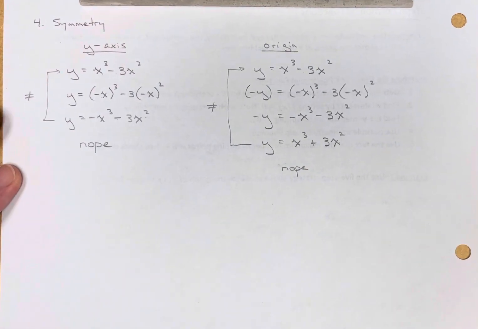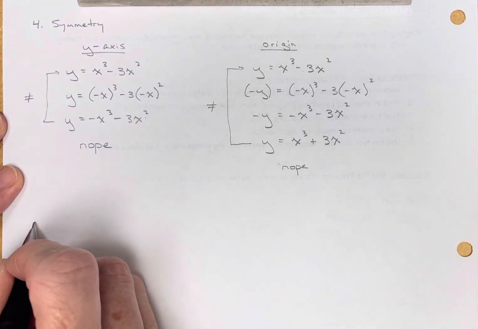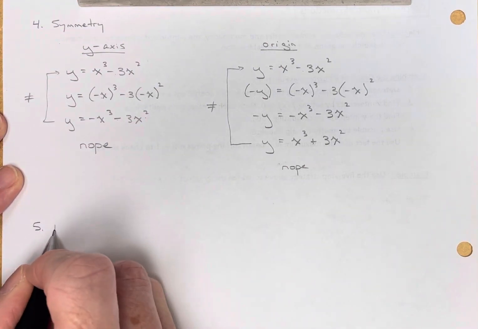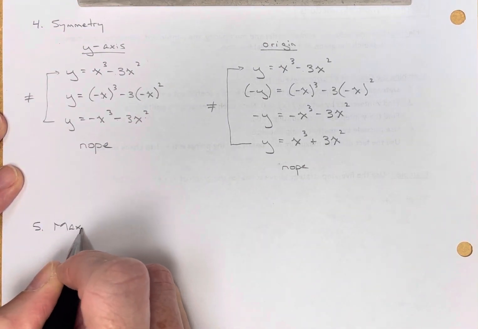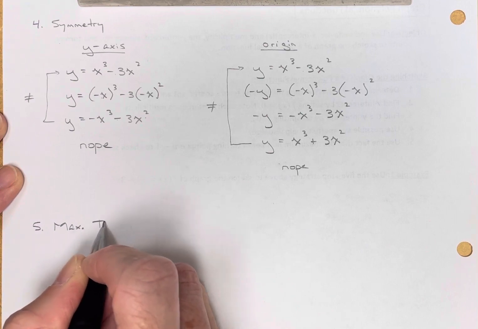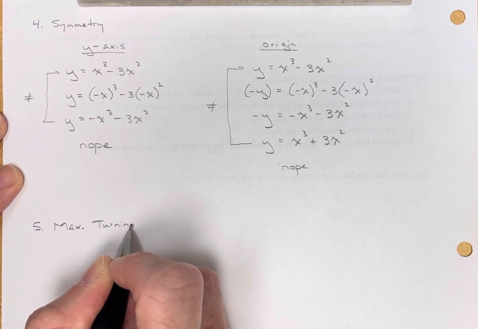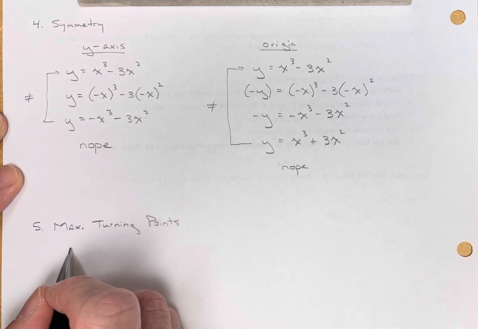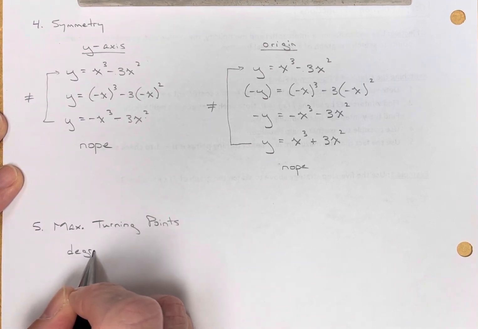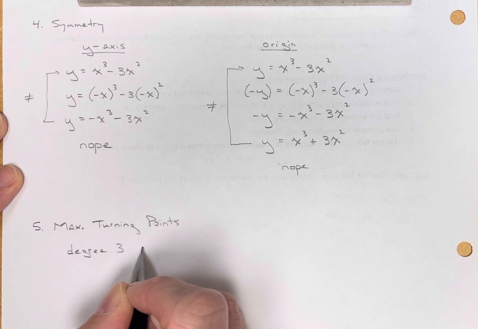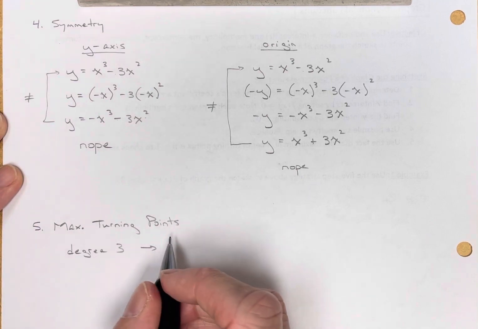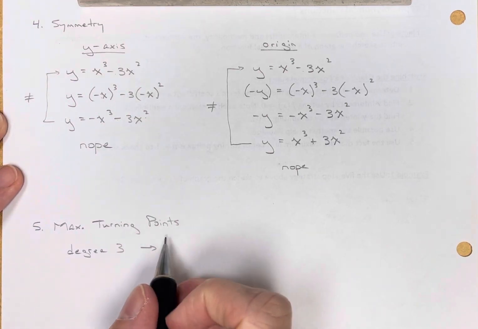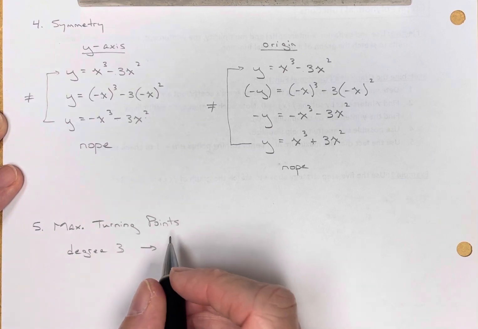Okay, and number 5, let's take a look at our max turning points. Maximum turning points. We're going to kind of check ourselves. Well, we know we have a 3rd degree polynomial. So we know that this means the max number of turning points is 1 less than the degree.